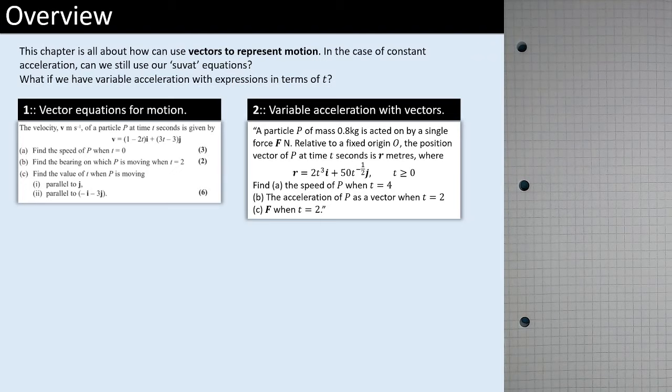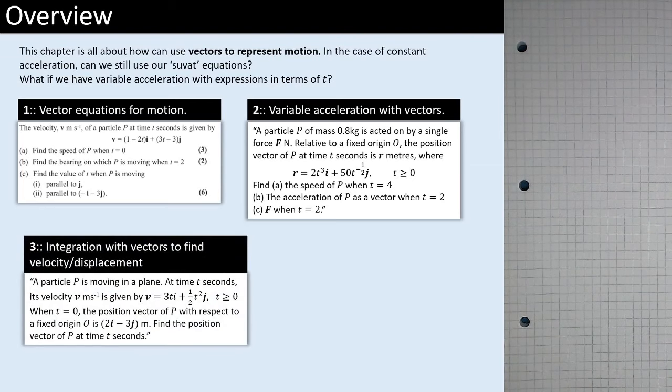We're going to be thinking about Newton's laws again, kind of building up on all of the things that we've done so far. And then we're going to be looking at integration with those same vectors of motion, okay?